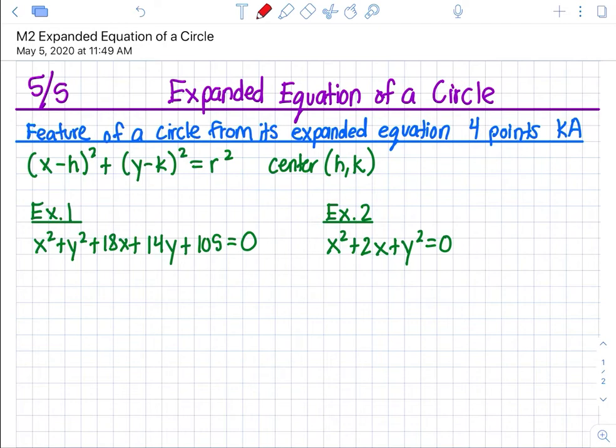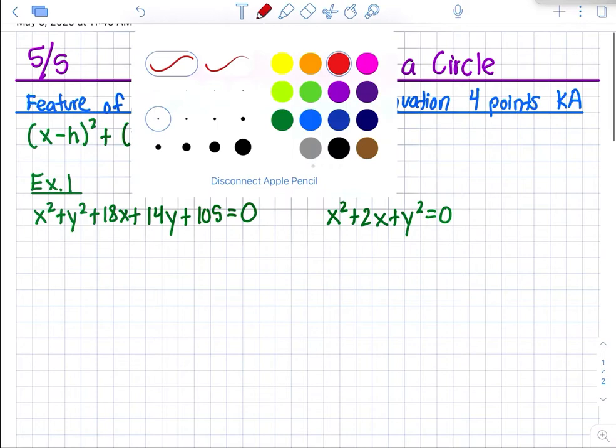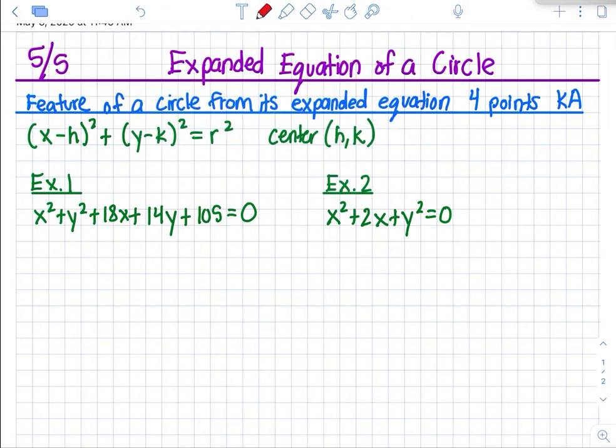Okay, so in example 1, in order to get it into this form, we need to complete the square with each variable. So we need to complete the square with the x variables, and we need to complete the square with the y variables. So for example 1, we are going to set this up so that it says x squared.